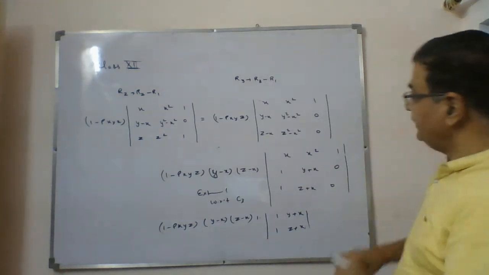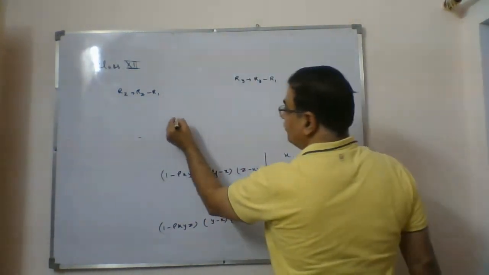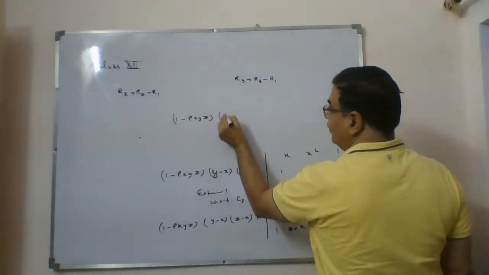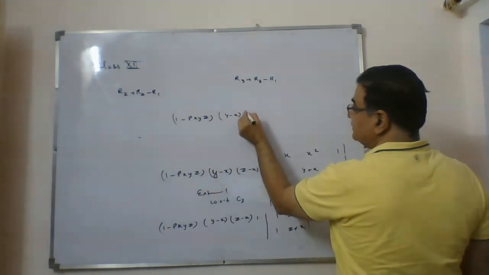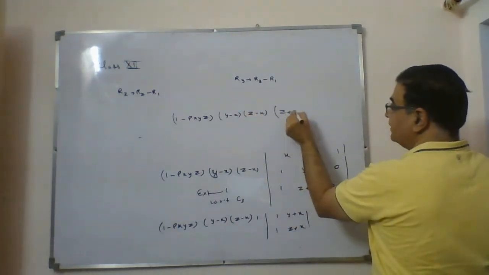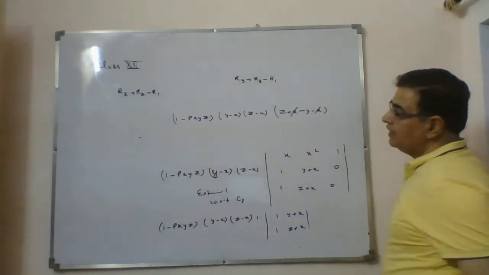Now when you solve it, what result comes? 1 minus pxyz, y minus x, z minus x, and then z plus x minus y minus x, and x cancels out.